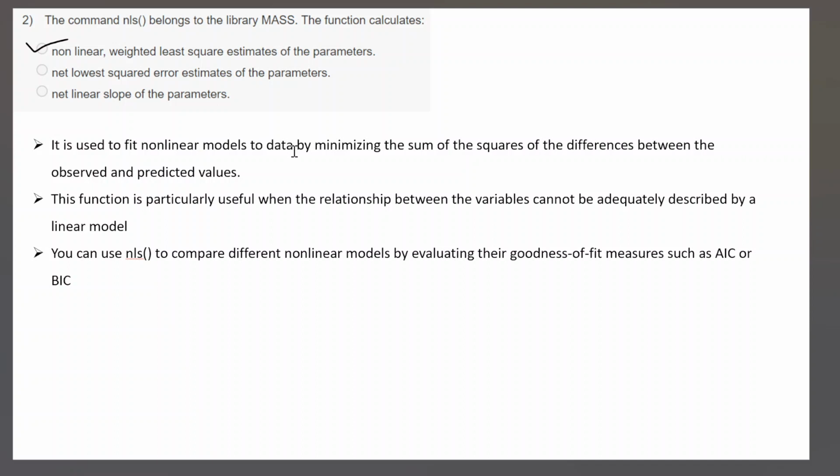It is used to fit nonlinear models to data, minimizing the sum of the squares of the differences between observed and predicted values. This function is particularly useful when the relationship between the variables cannot be adequately described by a linear form. Wherever a linear model fails, nls can be helpful. We can also use it to compare nonlinear models, since goodness of fit can be estimated with criteria such as AIC or BIC.